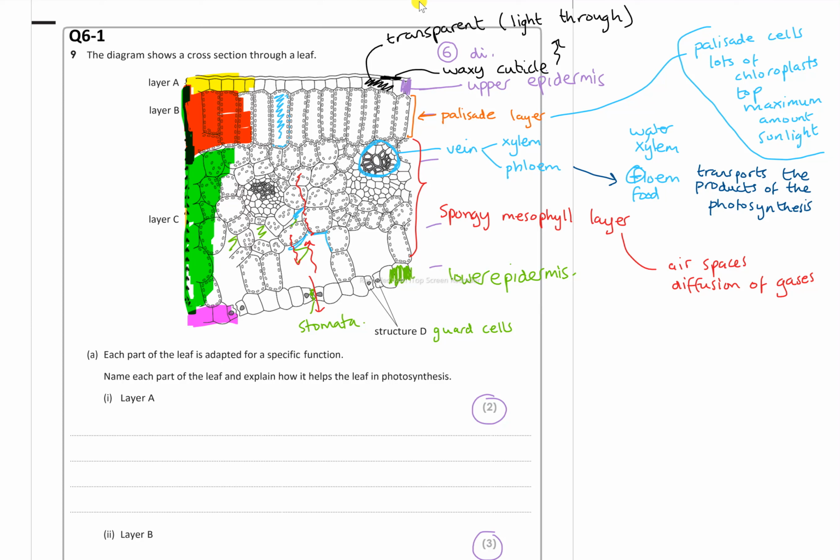Right, and then finally you've got the lower epidermis, where you have the guard cells. They open up during photosynthesis to create a pore or a stomata, and again that allows CO2 to come in and O2 and water vapor to come out.